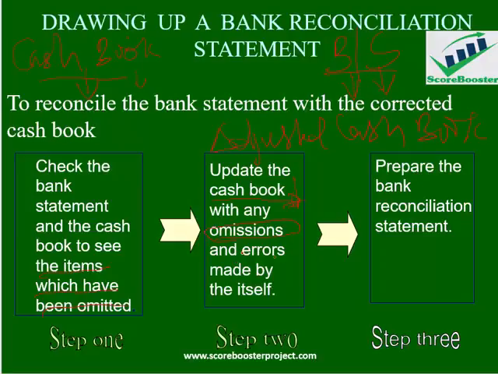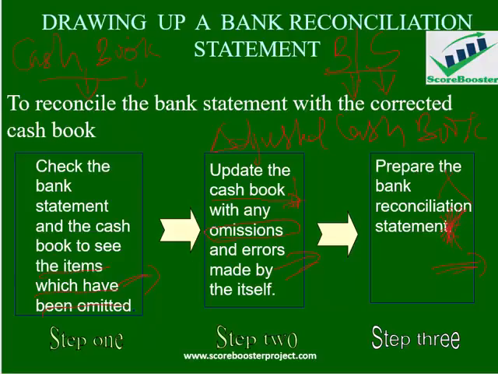Some of the extra items will be added to your cash book, some will reduce your cash book. Then the last step is to prepare your reconciliation statement. So anytime the examiner asks you to do this, especially for JAMB students or WAEC students, your marks will be based on these 3 stages. You cannot just prepare this statement without following the steps here. That is the most important thing you need to take note of.